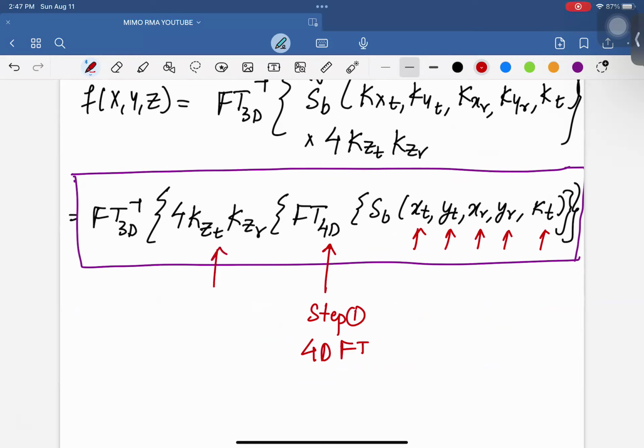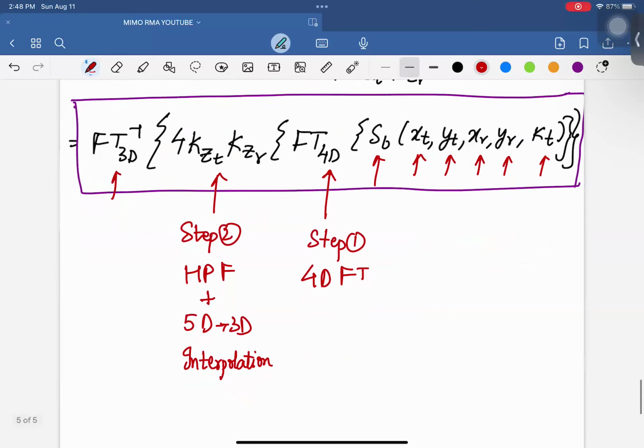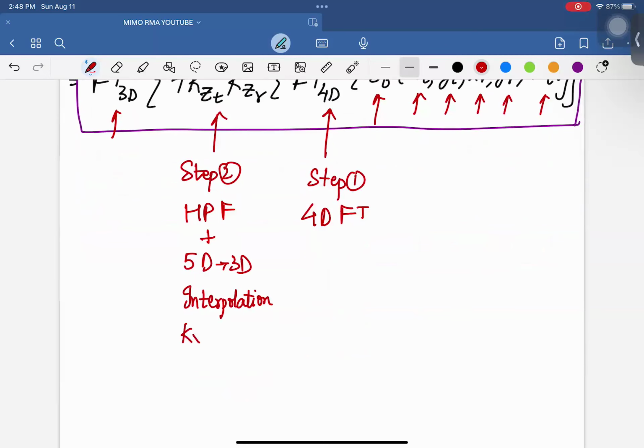And then step 2 is this high pass filter plus 5D to 3D interpolation. We need this because this signal is a 5D signal, whereas here we're applying a 3D FFT. So we need to interpolate that 5D signal onto the 3D FFT. And that interpolation is done at this stage where, if you remember, we set kx equal to kxt plus kxr, ky was kyt plus kyr, and kz was kzt plus kzr.